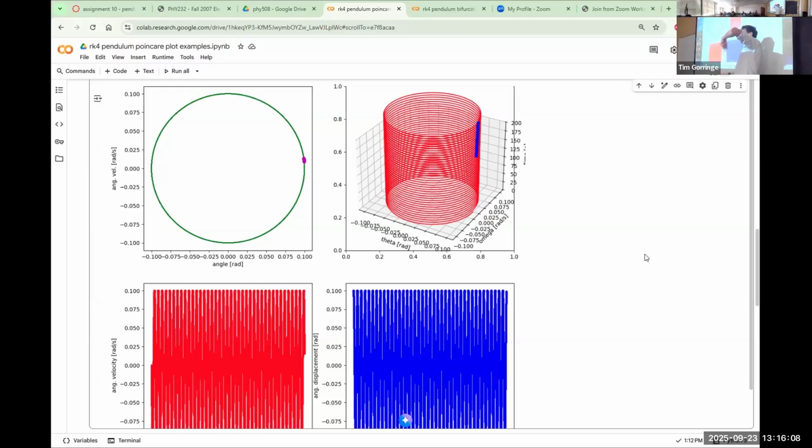These blue points, I applied a transient. I only applied the Poincare section points after the transient, so they don't start until like 10,000 ticks. So they're starting up here, and you see that each orbit in phase space, we get successive points that are the corresponding Poincare section points.